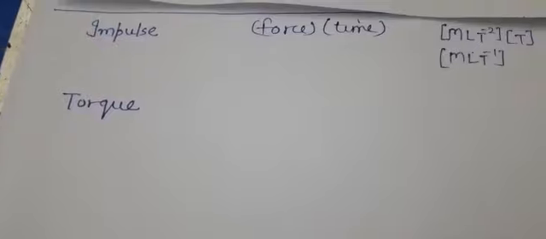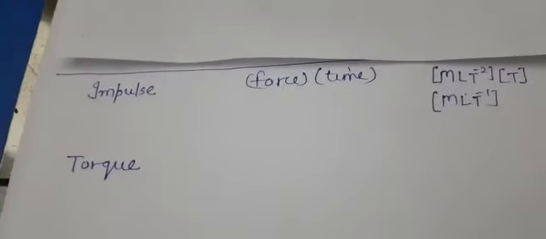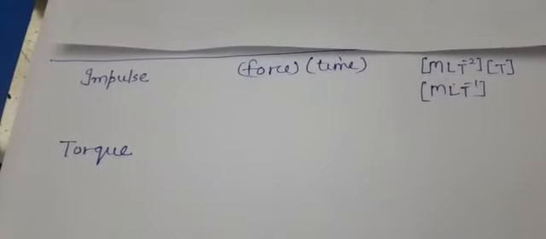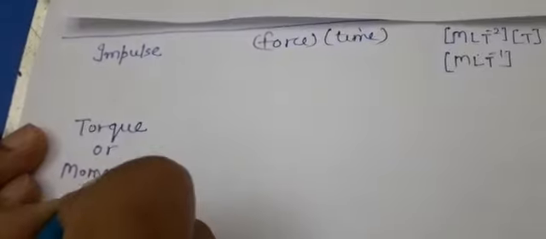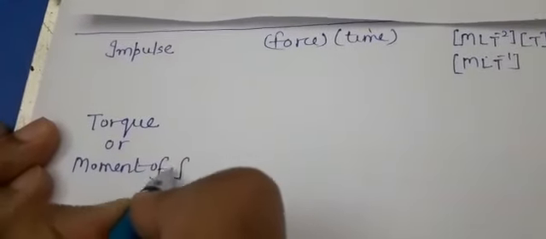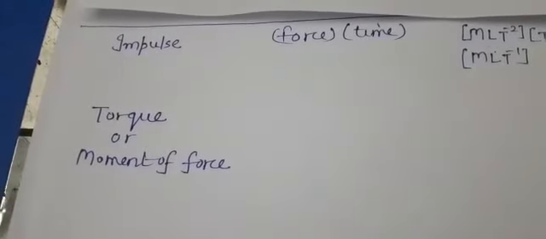I will not define each and every term here because it is a very elaborate concept. We have to learn the physical formula; that is your work here. Another name for it is moment of force. Torque or moment of force, one and the same thing.